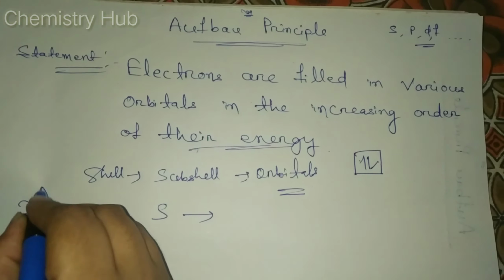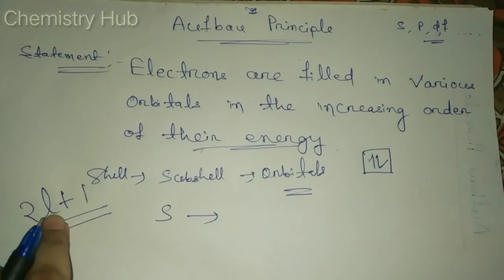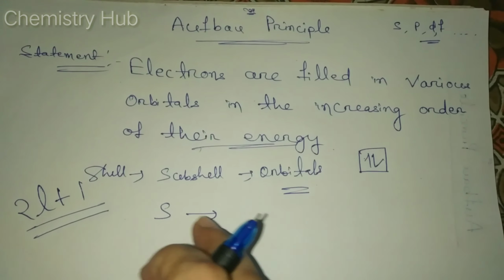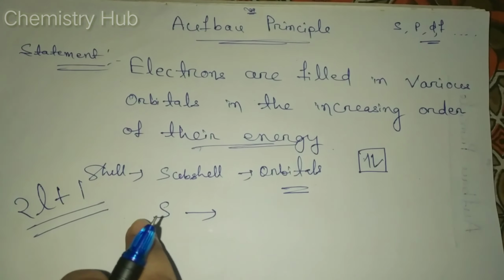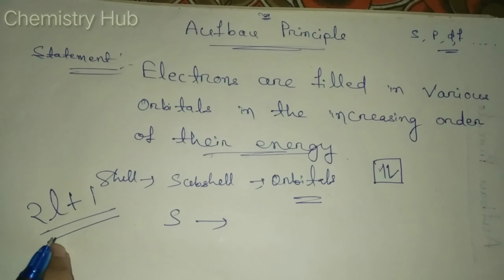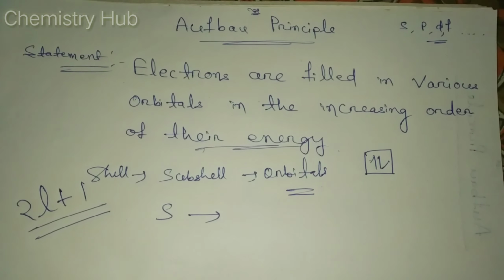You know the 2l plus 1 formula, and the l value for s subshell is 0. The l value for p subshell is 1. By using this formula, you can calculate the number of orbitals present in a subshell.